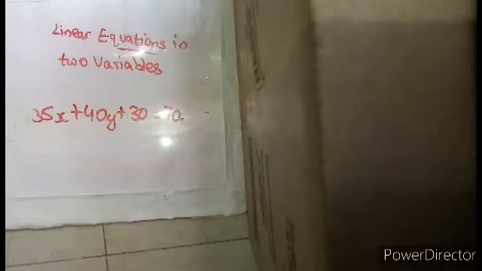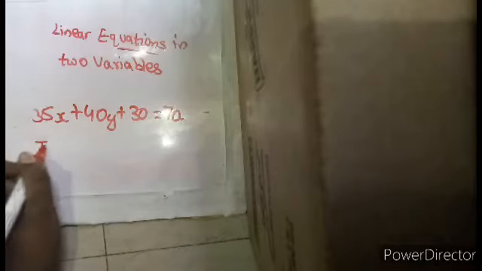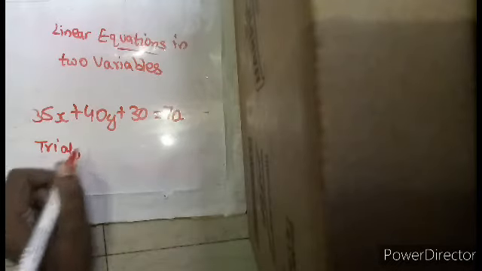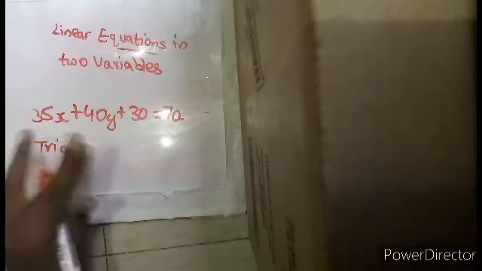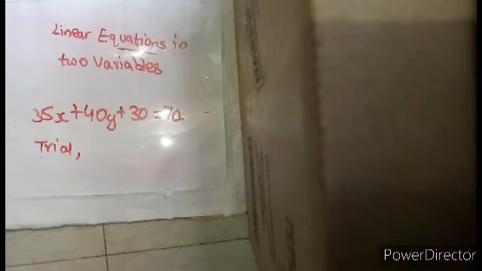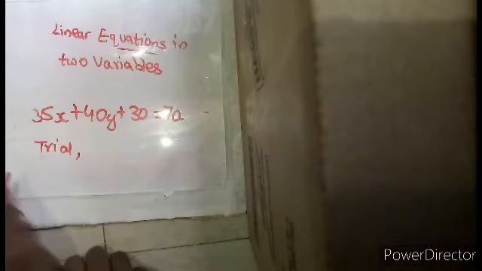You need to find the two solutions. Suppose you take x as 1. It's a trial and error method. Try taking trial and error, or else you take a suggested value.